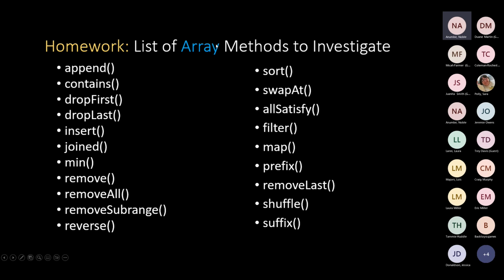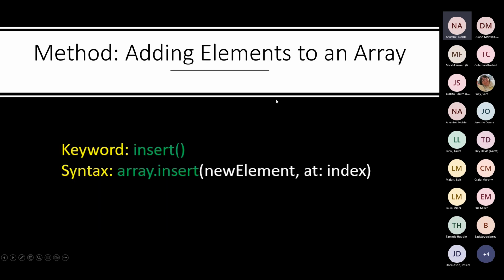Remember that array is a type, and most types have properties and methods. Methods talk about the behavior of that type, right? So even if I don't know how to use append, I could just type append in Swift and then ask for the syntax.